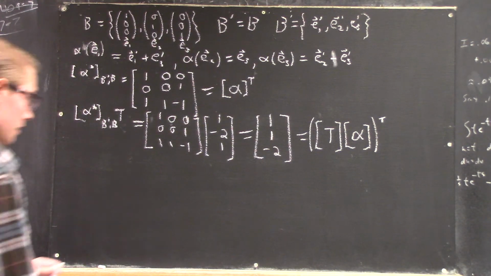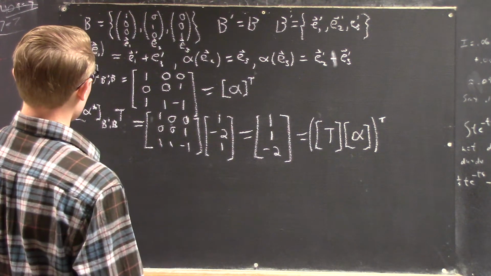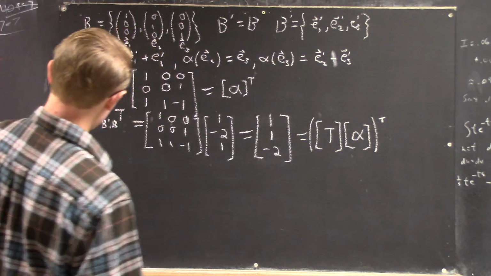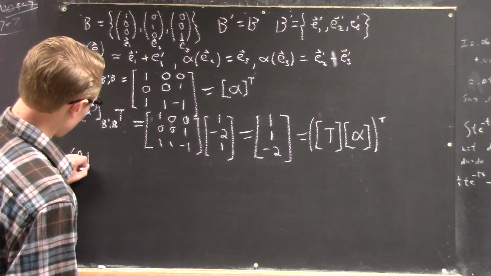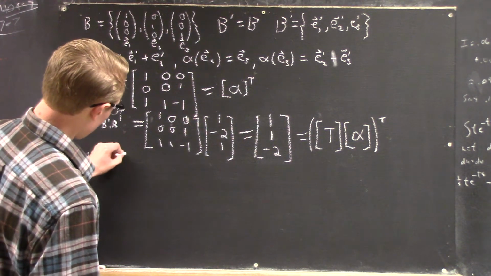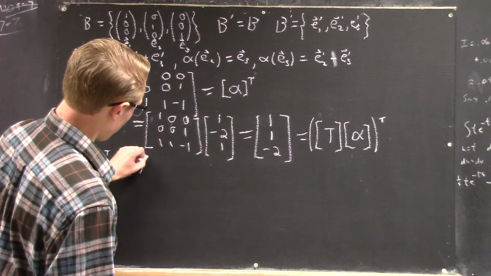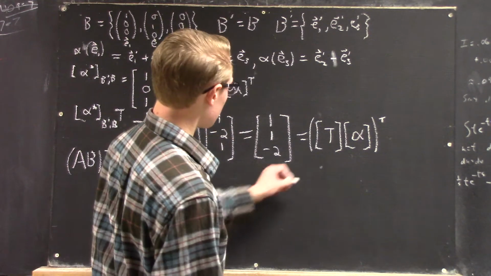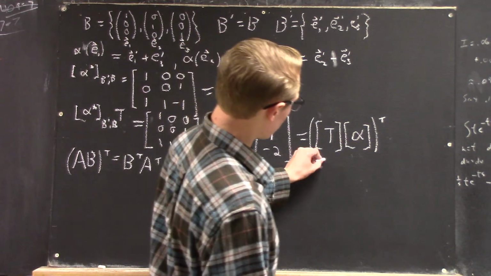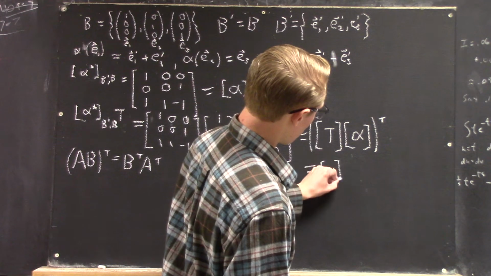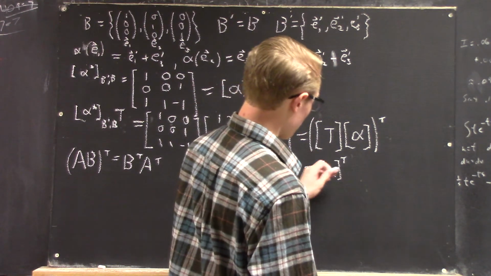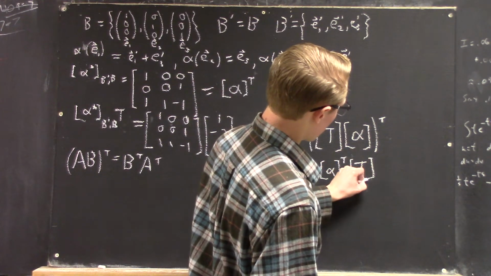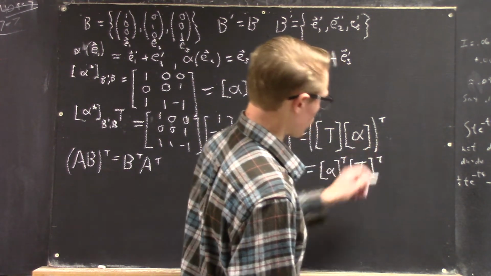And by seeing this generalization, we know that, of course, the transpose property, such as we have two matrices, A and B. This is equivalent to B transpose times A transpose. Well, this right here would be equivalent to the transpose of linear transformation alpha, represented by a matrix, times the transformation T transpose.